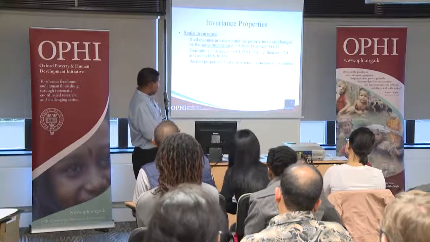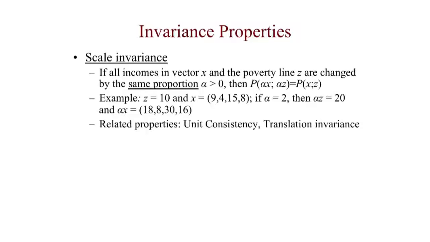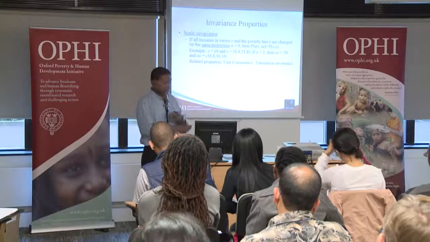A related property is called unit consistency, which is not as strong as this one. It just says that if you have a different unit of measurement, then the direction of poverty should not change. So if with a particular poverty measure you have a higher poverty in A than in B, and you change the unit of measurement, the direction should not change. A should still have higher poverty.